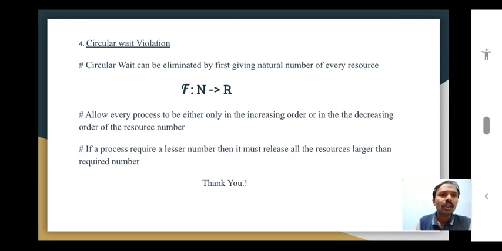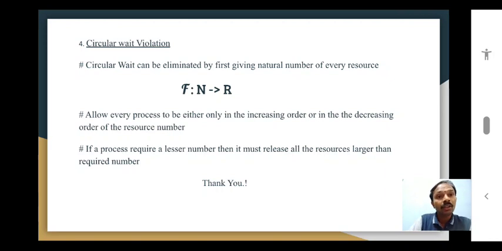Because in circular wait, as we know, the processes are, let us say there are 4 processes, we have taken them with the previous example, and in that case we have not assigned the numbering to the resources, right? We were just saying that first is waiting for second, waiting for third, fourth, and then fourth is waiting for first, right?